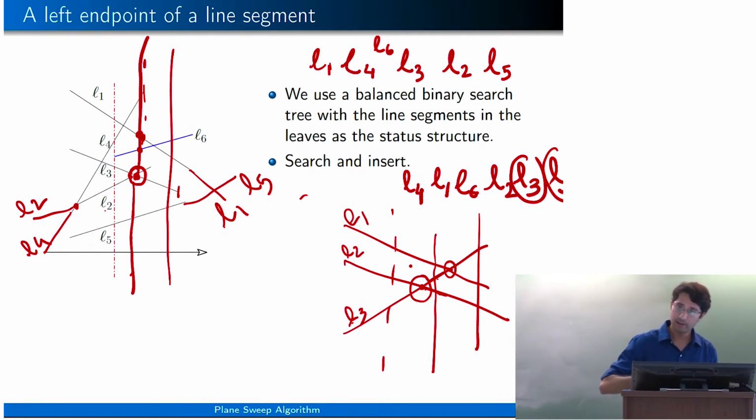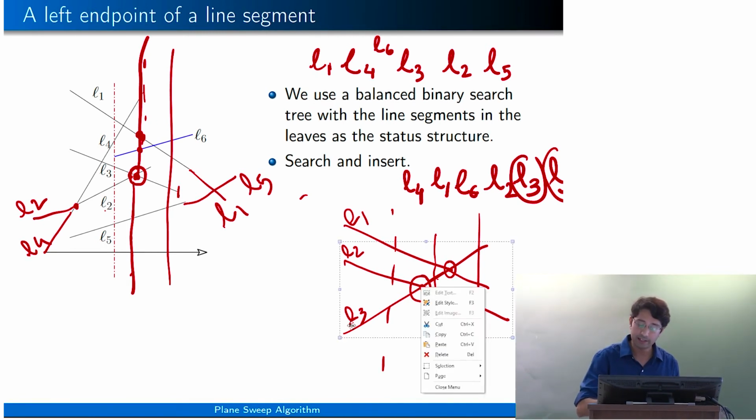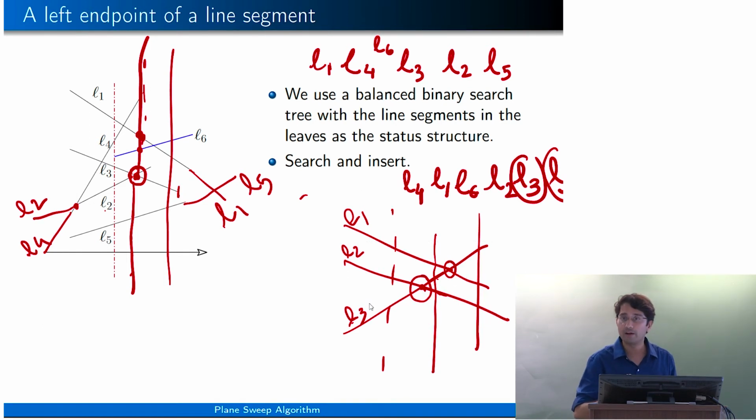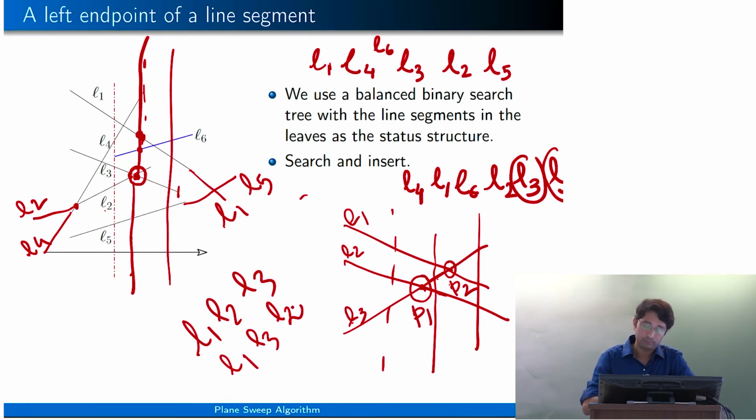Here L3 has intersected with L2, but there is an intersection between L3 and L1. This is P1. Yes, L1, L2, L3.